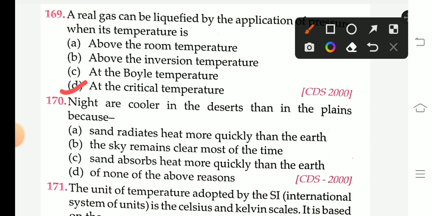Next, nights are cooler in the deserts than in the plains because, right answer will be option A, sand radiates heat more quickly than the earth.